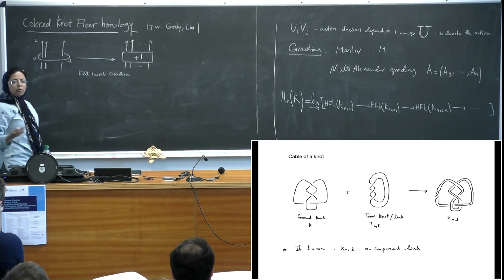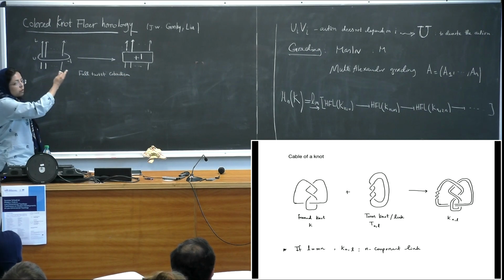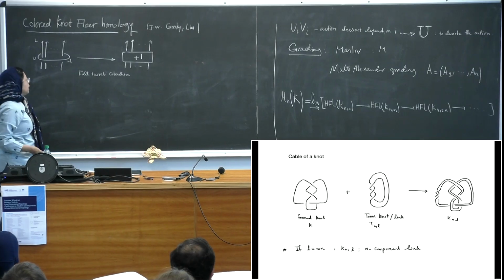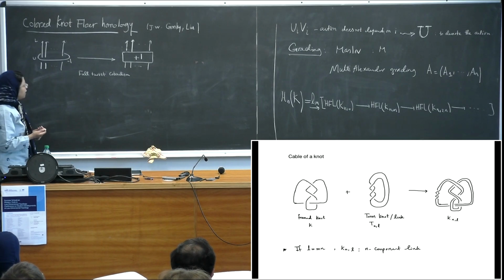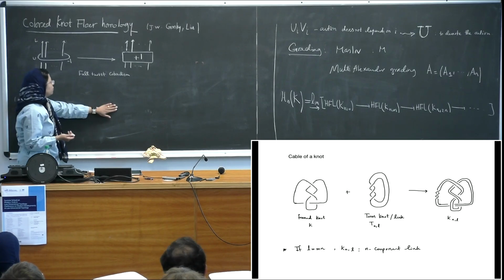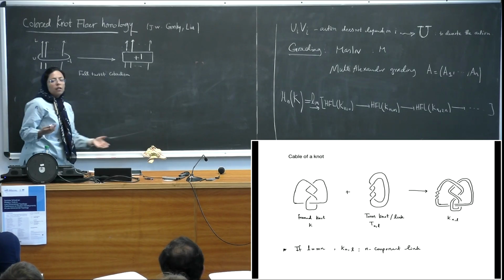Well, in Heegaard Floer homology, they're functorial, and for these cobordisms we have cobordism maps. Depending on which spin-c structure you fix on your cobordism, you get a different map.